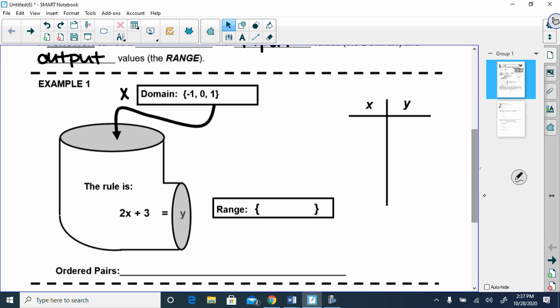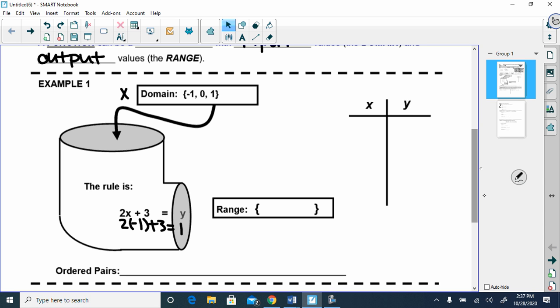So I put the x, which is my input, into the rule. So I would have 2, but instead of x, the first number I can plug in is -1, plus 3. All right, and then we're going to see what we get out of that. So what is 2 times -1? -2. And what is -2 plus 3? 1. Good. So my first output is 1.